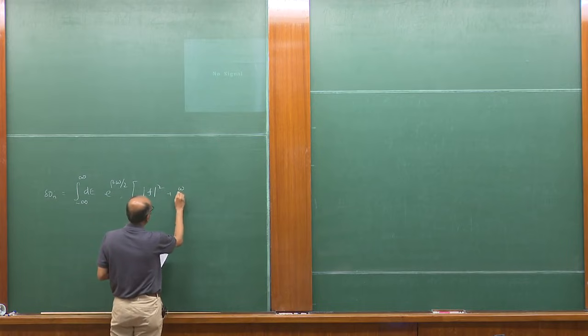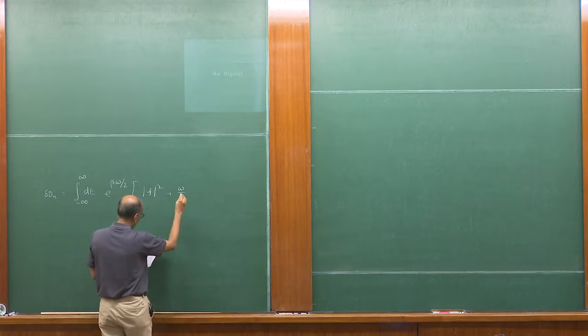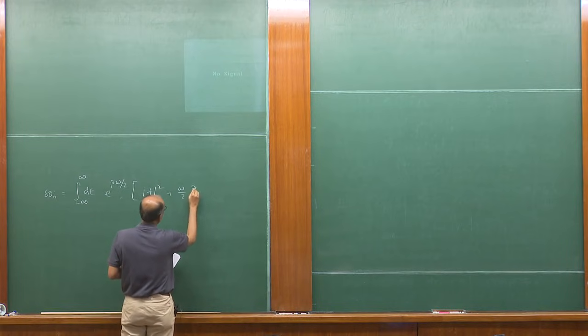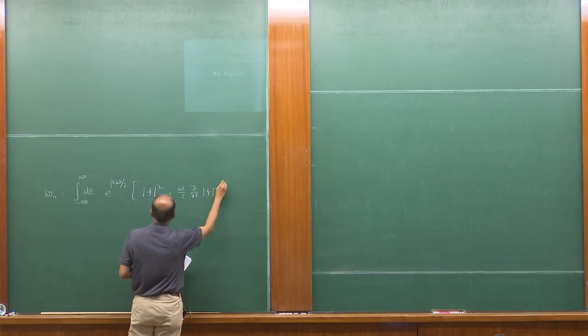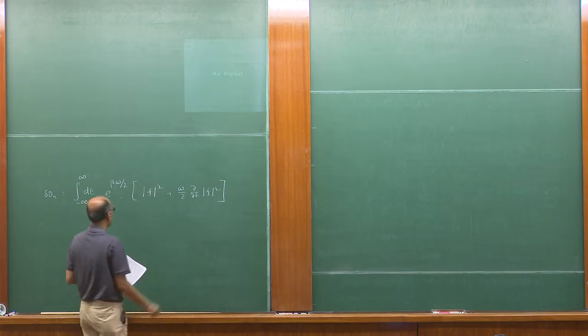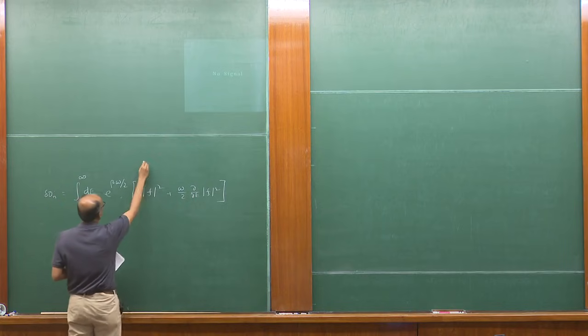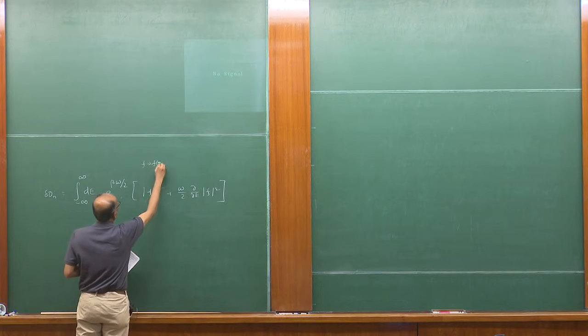and then its derivative with a prefactor, and these f's are function of E and omega. Okay.